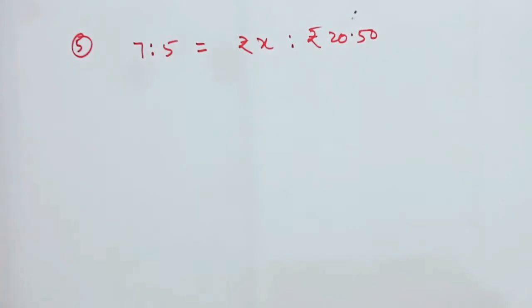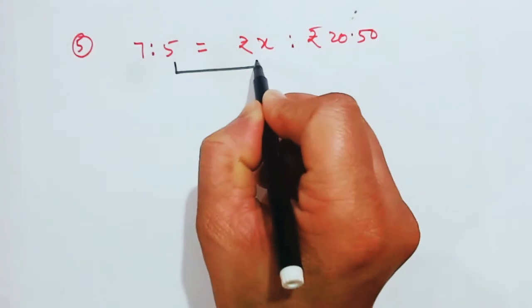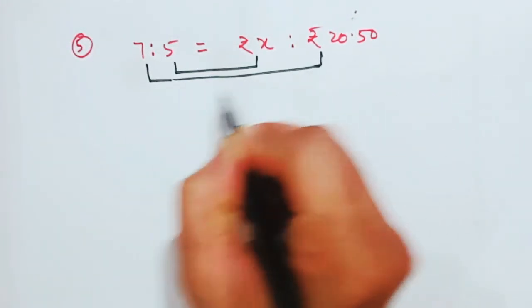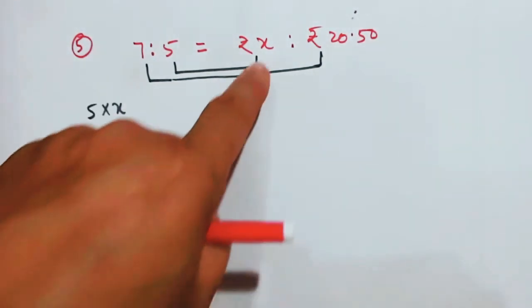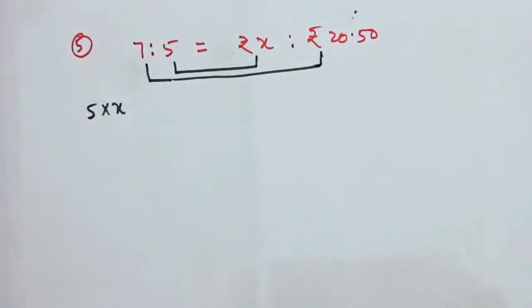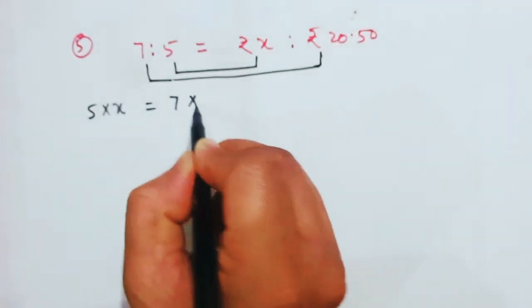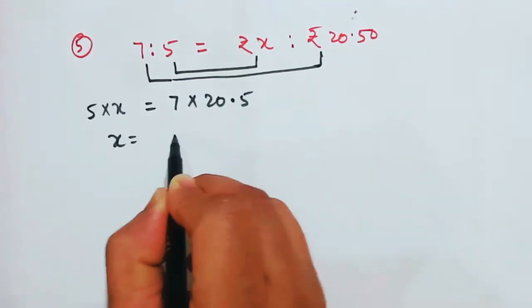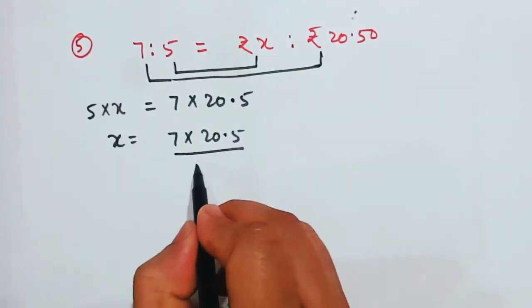If it is so, then the product of the means should be equal to the product of extremes, means 5 times x. While solving, I won't be mentioning rupees. At the end, I'll put the given unit. 5 times x should be equal to 7 times 20.5. So x will be equal to 7 into 20.5 by 5.